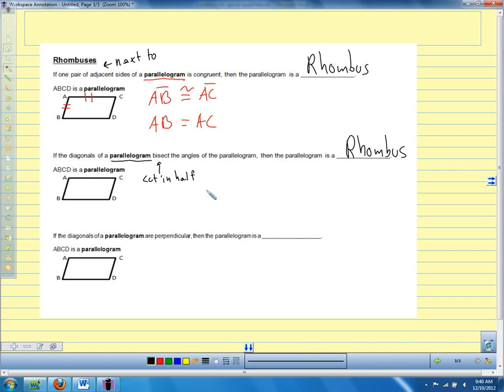So let's draw in our diagonals, and we'll show on our picture that they cut the angles in half. So this one we end up with a lot of marks. So there are the diagonals. We're saying that they cut the angles in half.